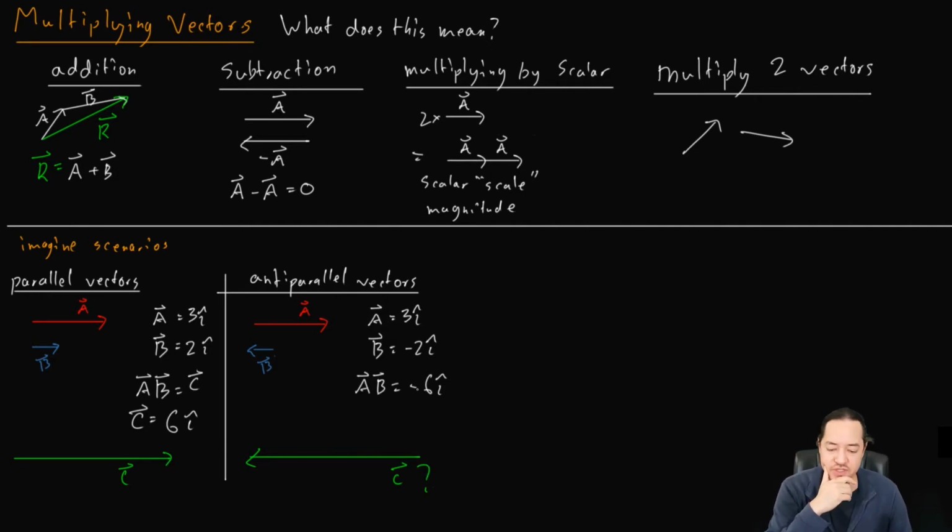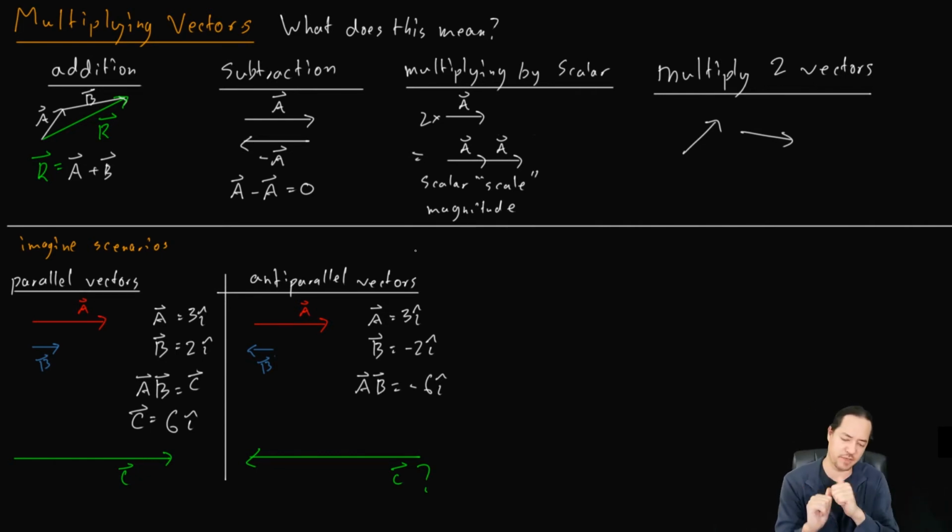But why now does the direction become to the left? Because that seems to me like, well, B is to the left and A is to the right. Multiplying together, you get a vector to the left. Why is B more important than A? I don't see any good reason why B is more important than A. It could just as well be to the right, right?